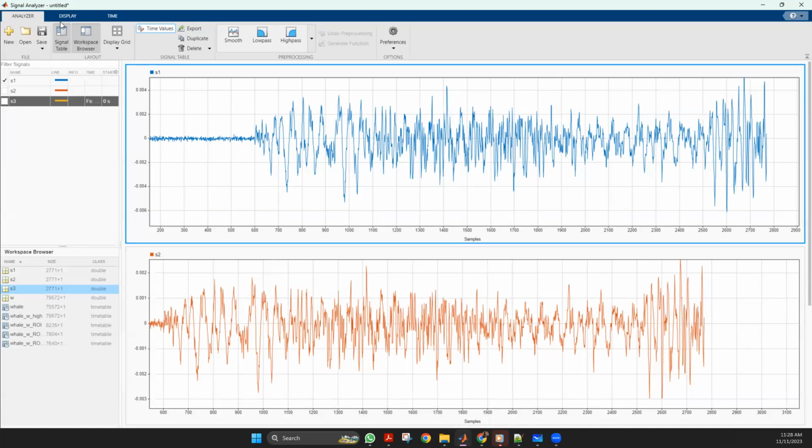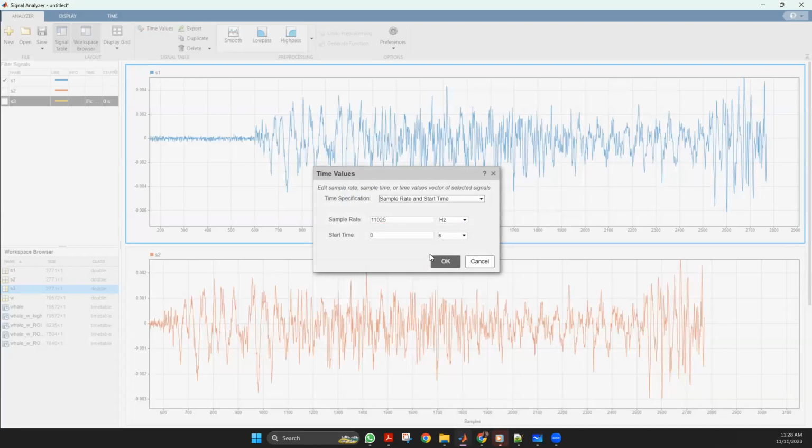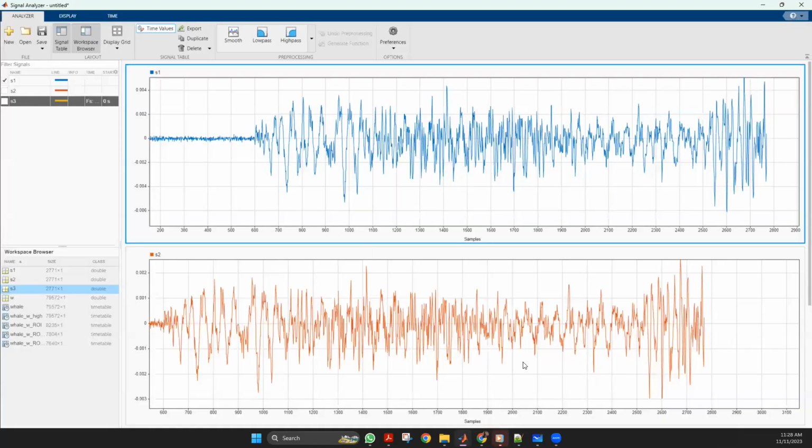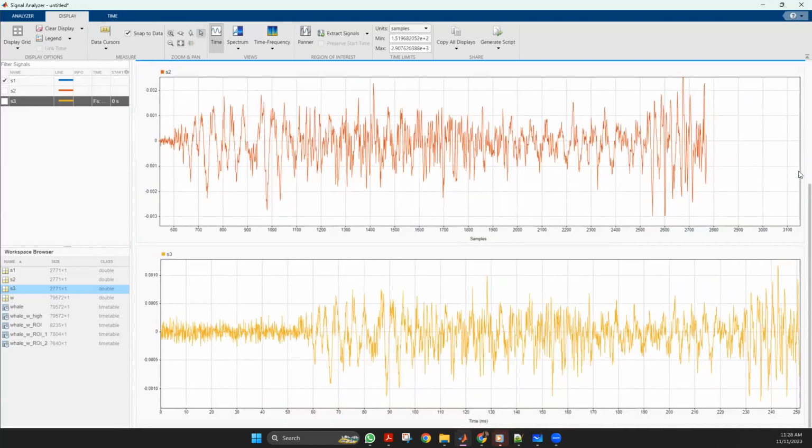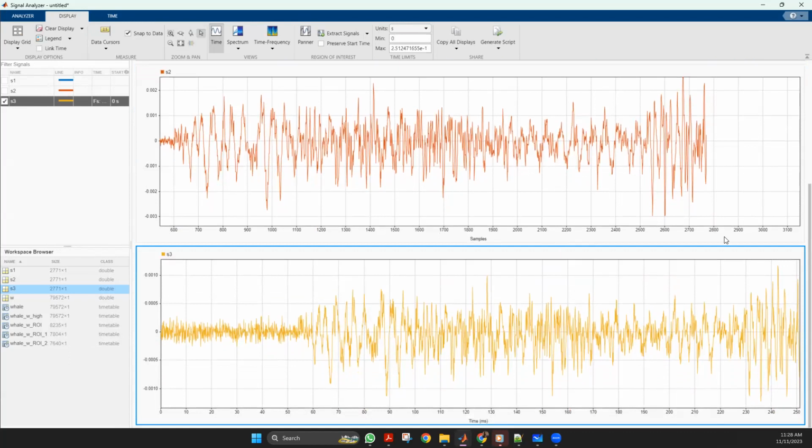Once I put that value, I will be able to get the signals with respect to time values. So only for one I have got it, I think.